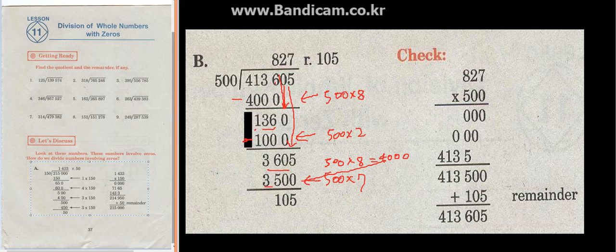So we put down 7, which is 3500, and we put the 7 over here very neatly. And if we subtract, we find a remainder of 105.